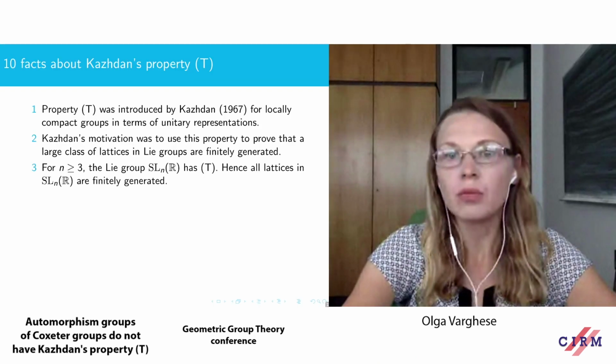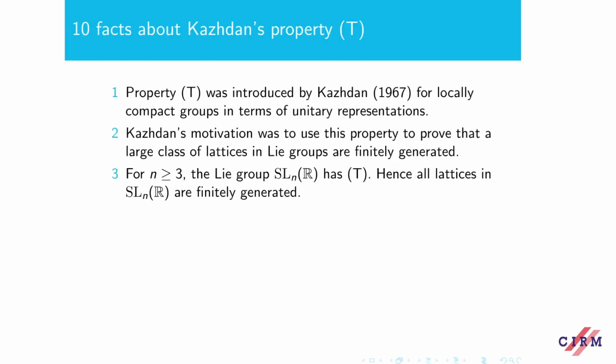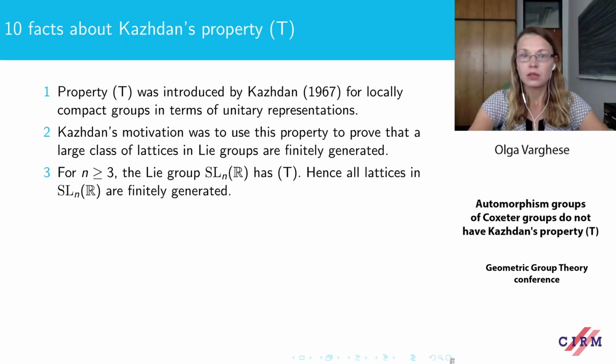Okay, so the Lie group SL_N(R) has T, hence all lattices in SL_N(R) are finitely generated. For example, it is not hard to prove that all lattices in the group of real numbers are finitely generated, but it is not so easy to show that all lattices in nice Lie groups are finitely generated.